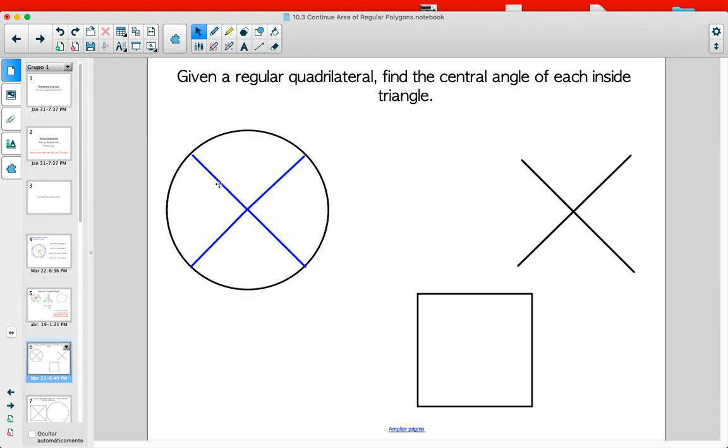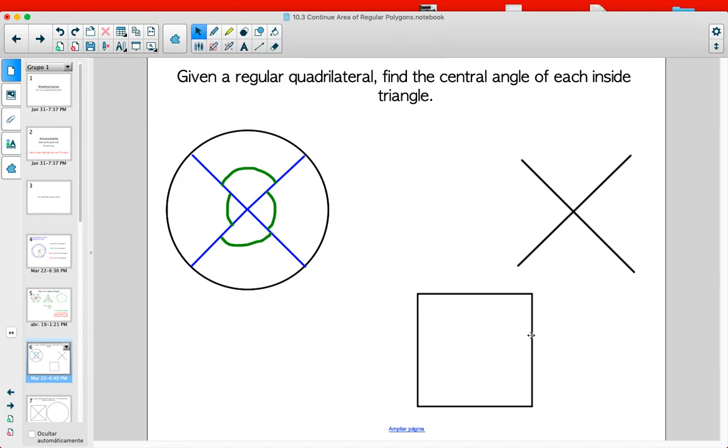So we're trying to figure out this central angle, the degree from this side to this side of the angle, and then also from this side to this side, and so on around the center. That's what we're trying to figure out.